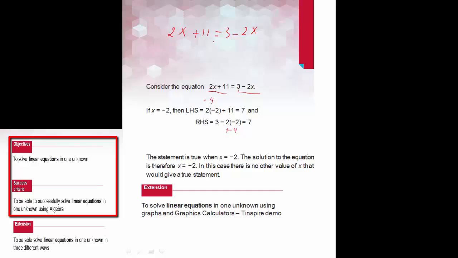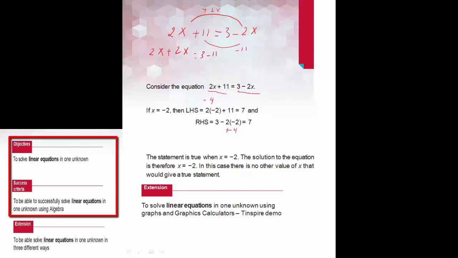Okay, the first method is when you take things from one side to the other side, you just change the sign. So we're going to take the minus 2x here and change the sign so it becomes plus 2x, and we're going to take the 11 to the other side and it becomes minus 11. Then what we'll have is 2x plus 2x equals 3 minus 11.